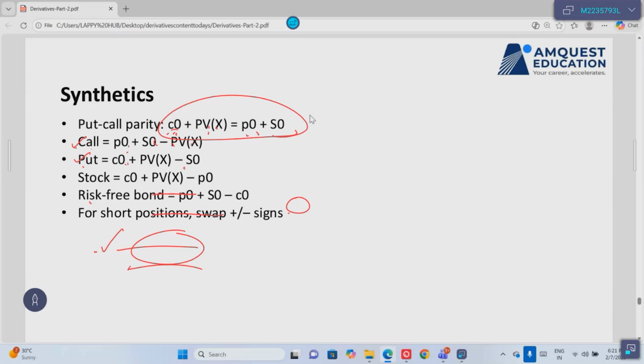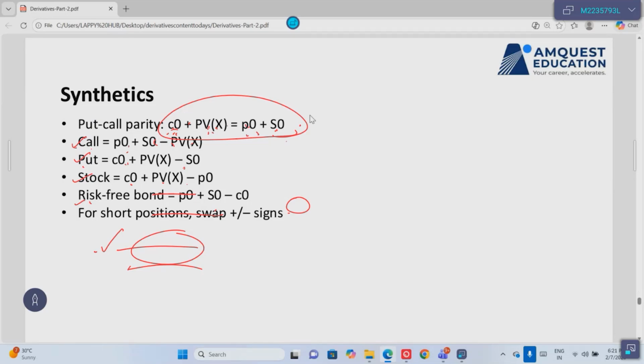It also means stock: now stock is here, so bring it to the other side. Call plus PVX minus P0. So you need to retrieve the bond, that is, this is equal to P plus C minus S0. So you can change the signs how you want. If you want this number, move this here. If you want that number, move that here, and so on and so forth. That is the last thing to understand here.